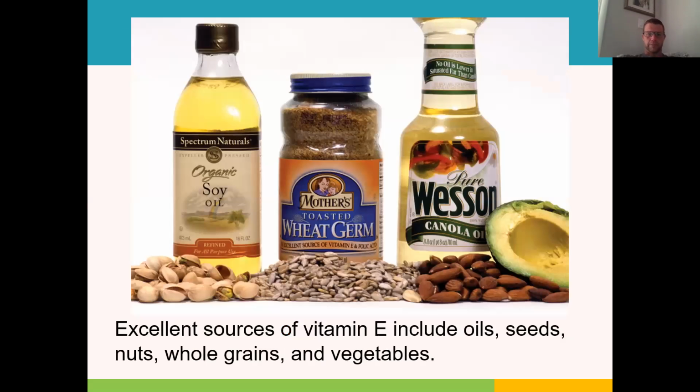Okay. Excellent sources of vitamin E include oils, seeds, nuts, whole grains, and veggies. Again, some of these on here. Nothing against avocados. I feel like lately avocados. And really, I love guacamole. My family eats a lot of avocados. We always have, like, put them on sandwiches and things like that.